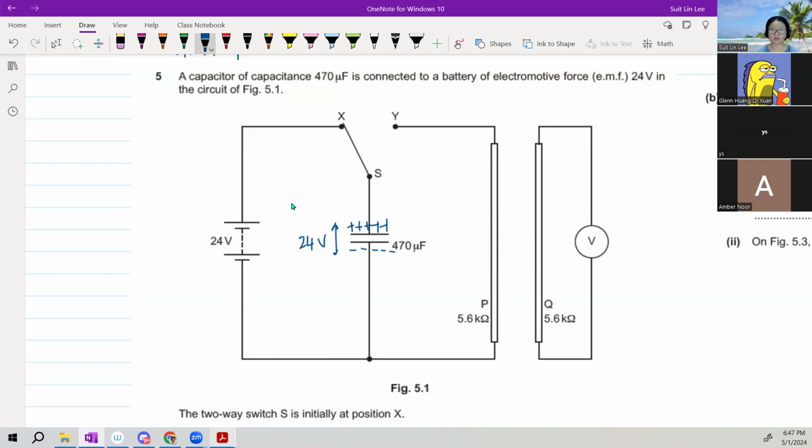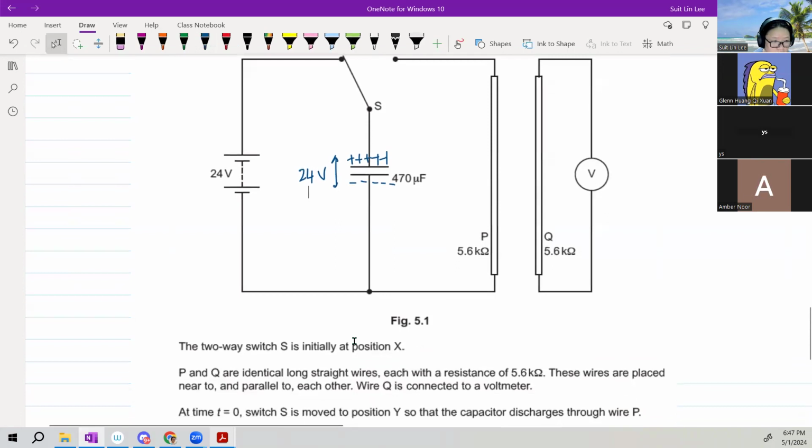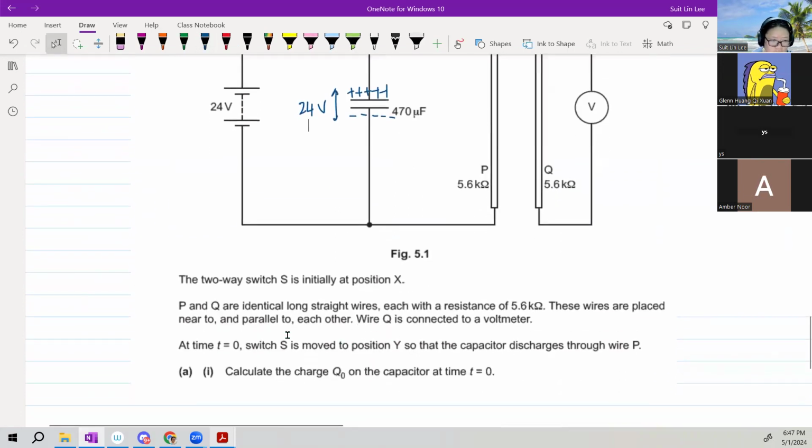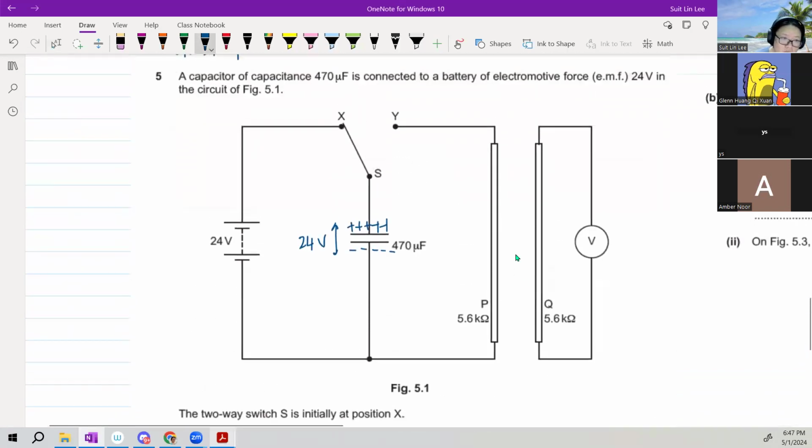Okay, and then we will move the position, the switch S to position Y, so that the capacitor discharges through wire P. Okay, so when the capacitor discharges through wire P, this means that the switch is now here. This one no more already. And then suddenly the electron be like, hey, I have missed you, positive plate.